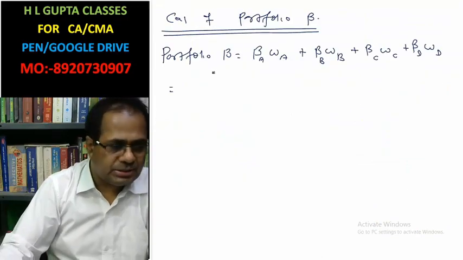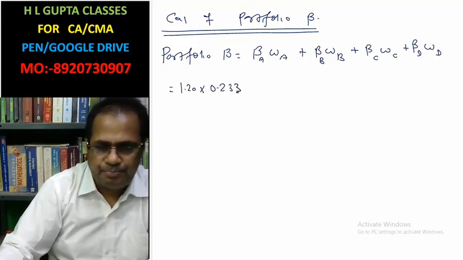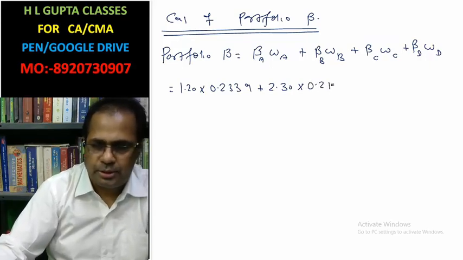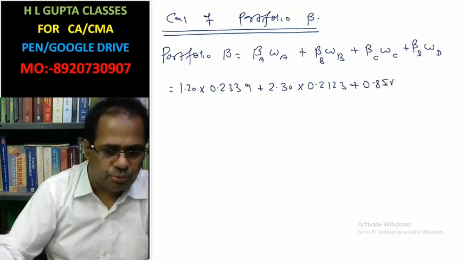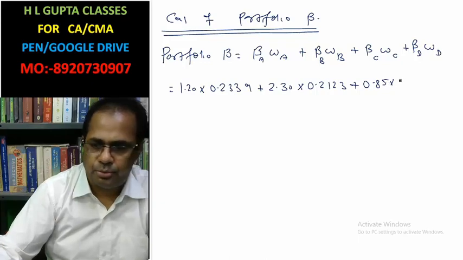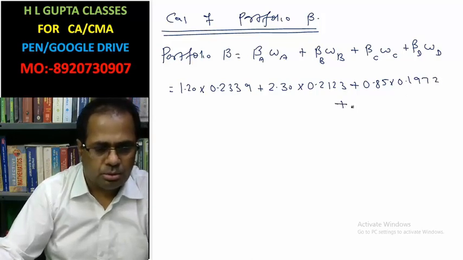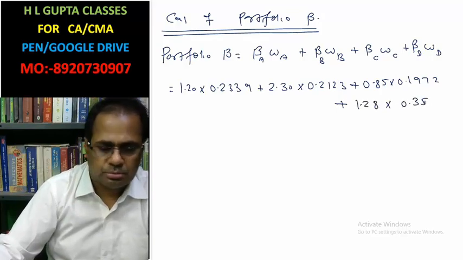On the basis of this, you can write 1.20 into 0.2339, plus 2.30 into 0.2123, plus 0.85 into 0.1972, plus 1.28 into 0.3567.